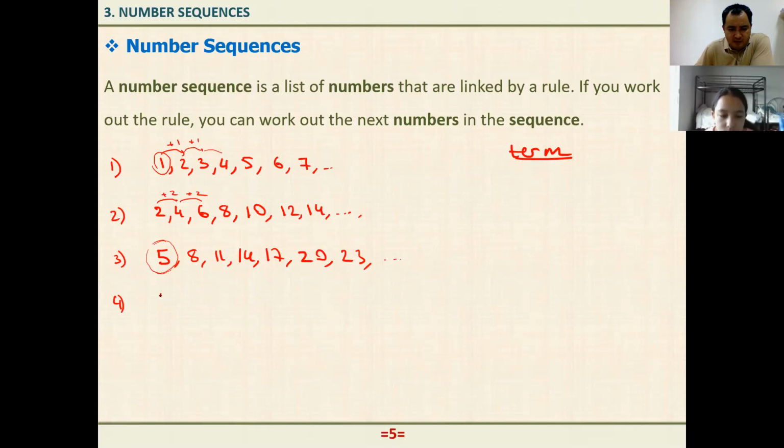Let me just see if you can answer this question. How about this number sequence? 1, 1, 2, 3, 5, 8. What is the next term here? Can you see the pattern here?